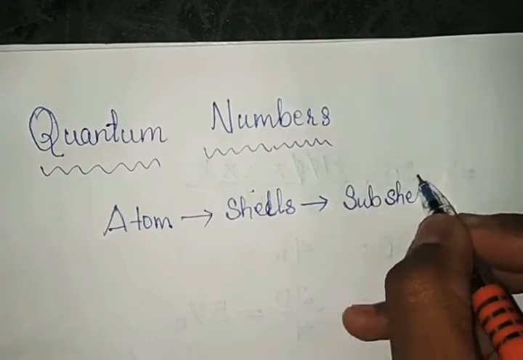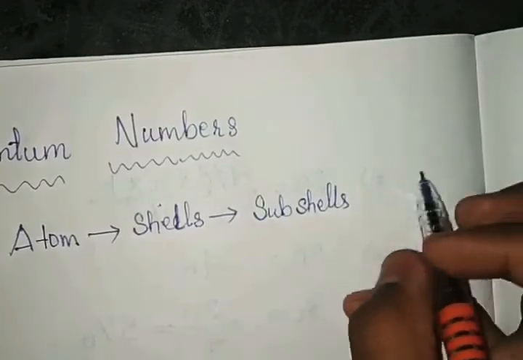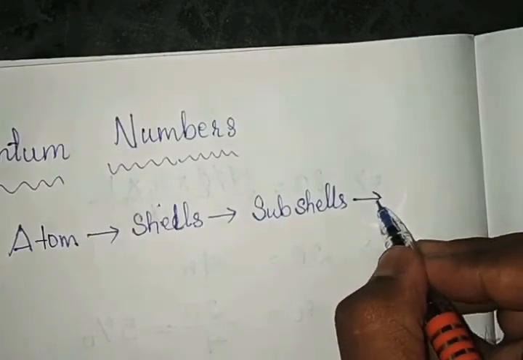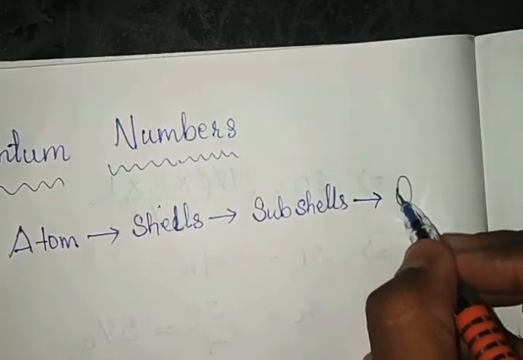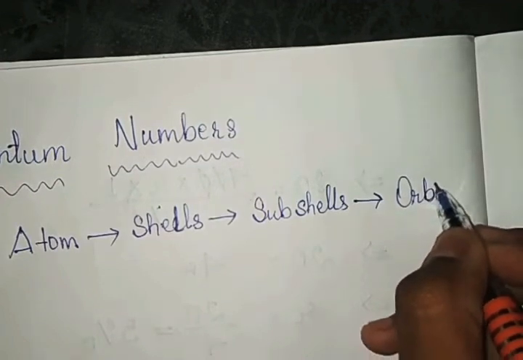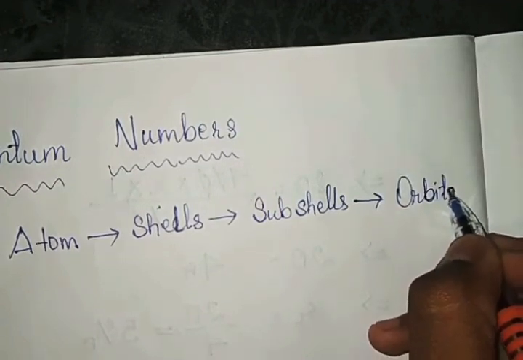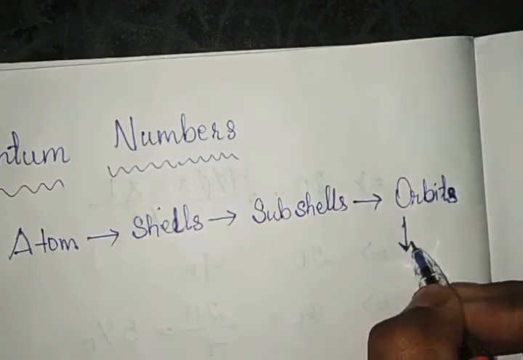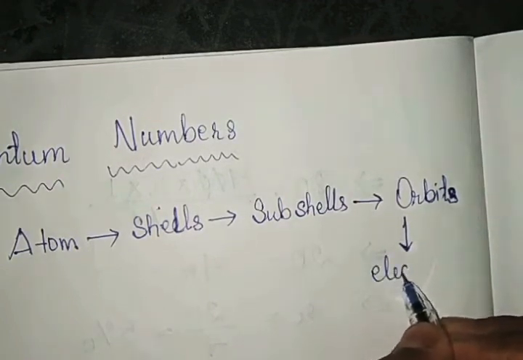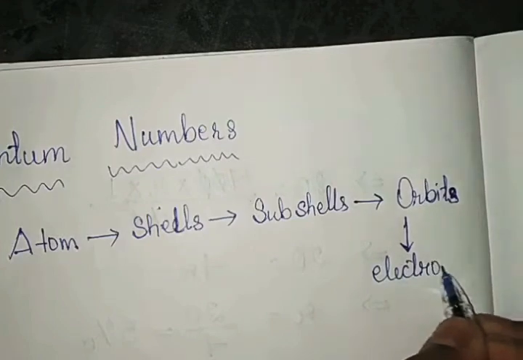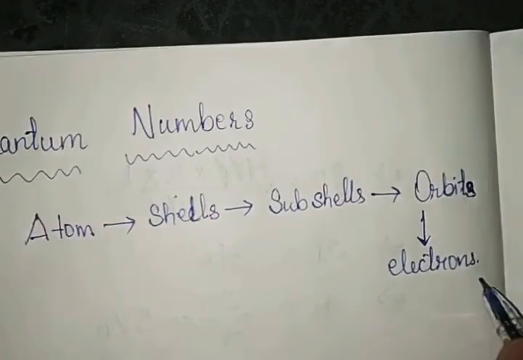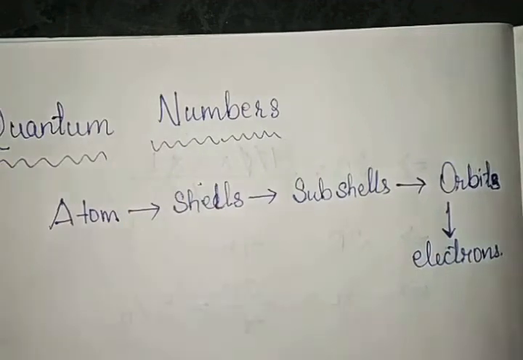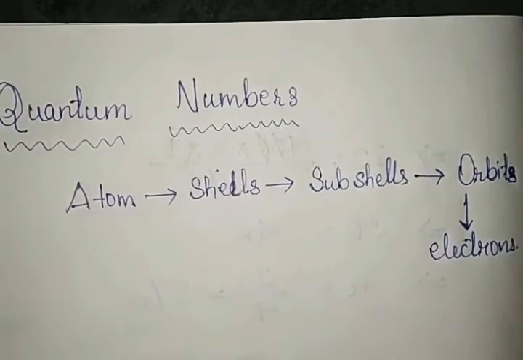Inside these subshells, we have orbits or orbitals. And in these orbits, we have the electrons. This is the basic shape of an atom, meaning how they are related.